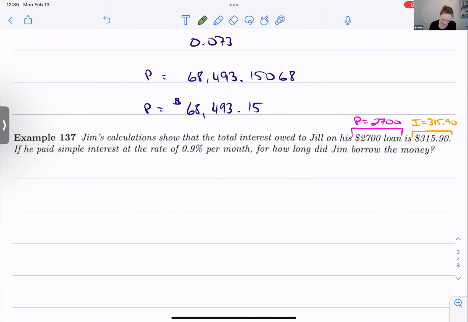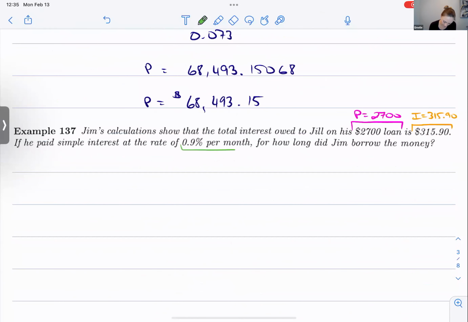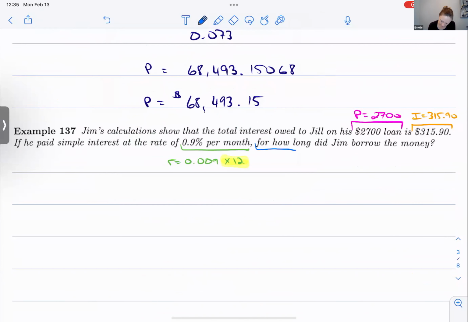Here, R is 0.009 per month, right? So then it has to be times 12, and that's going to be really important. And we want to solve for how long.